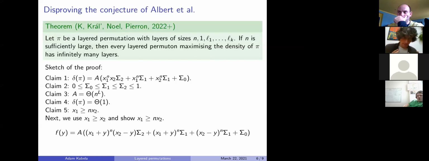Formally, what we do is that the thing that we cut from the first layer and add to the second layer, this size is denoted by y.